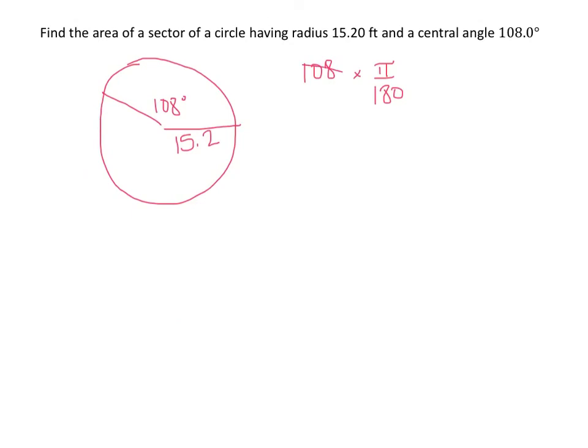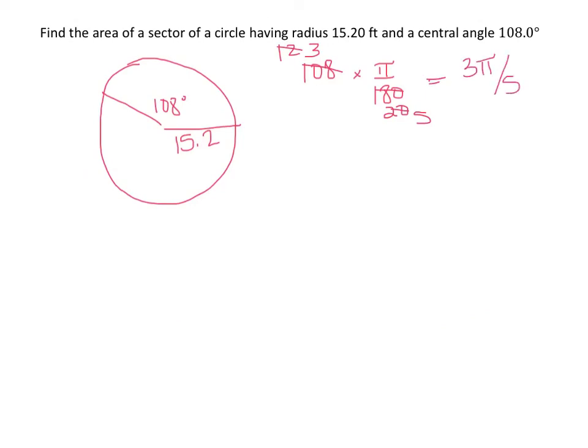So 9 goes into this 12 times and 20 times. 4 goes into this 3 times and 5 times. So that would be 3 pi over 5 radians.